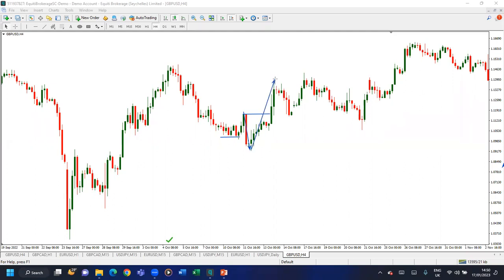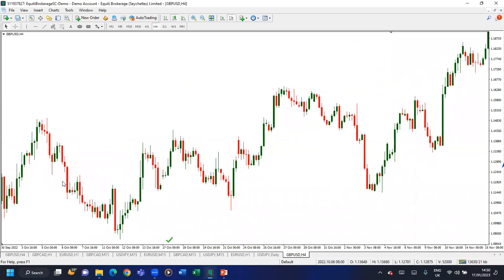Break of market structure. Okay, sorry. When I explained it, I got this very wrong. Here we'll have it. Yeah, this is it.